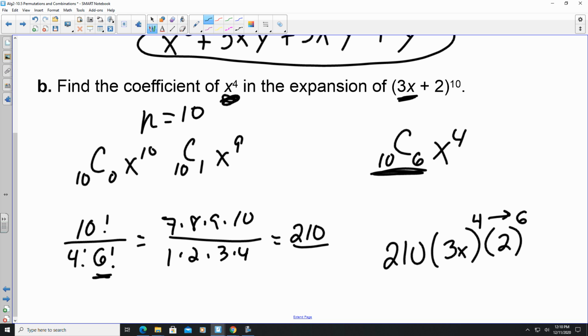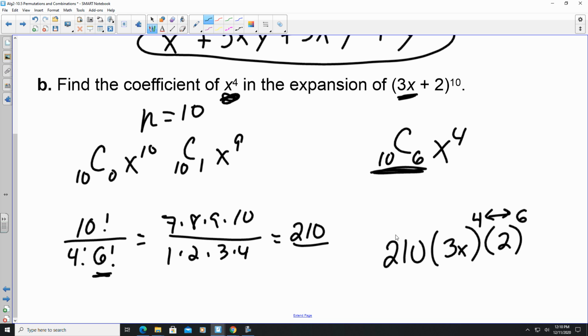These values must add up to 10. So to figure out what the coefficient is, I've got this 210 times 3x times 2 to the 6th power, which is 64.